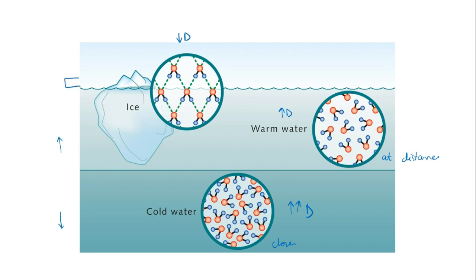Well, this is very significant for aquatic life because most of the aquatic life dwells in this region of the water body. Okay, so this is the region in which most of the aquatic life dwells.